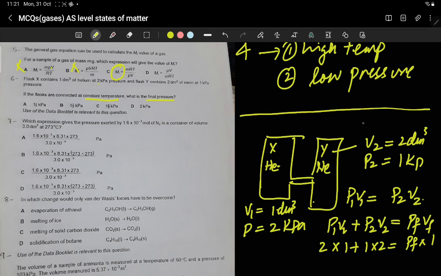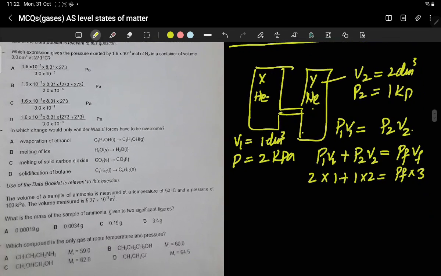We know that the final volume in these two flasks is 1 volume plus 2 volume, so the final volume is 3. And this is 1 × 2 plus 2 is equal to PF × 3.